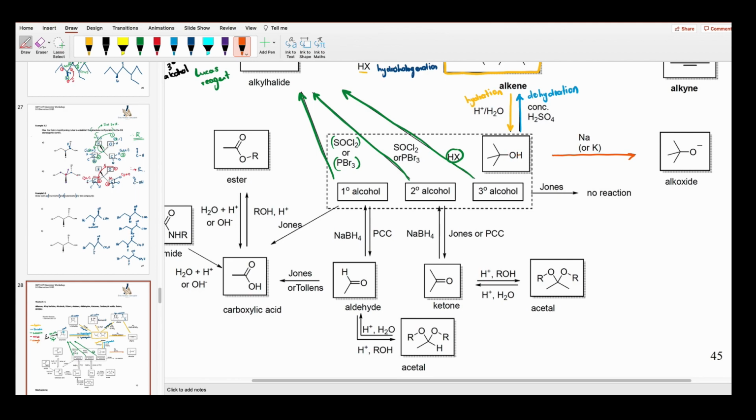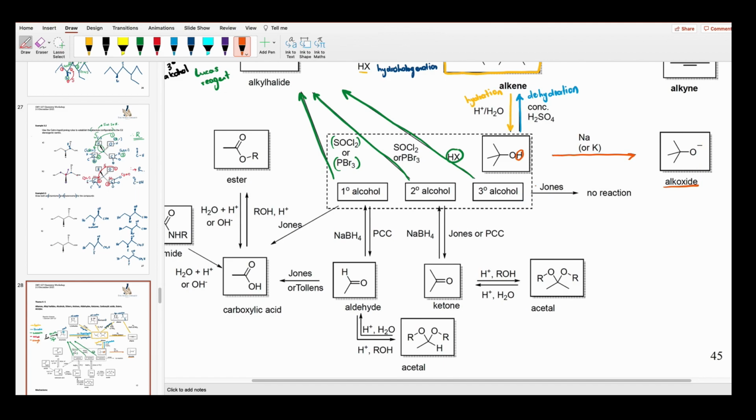So this will deprotonate the alcohol, the hydrogen is taken away, and then you just form an alkoxide. So it's just without the hydrogen.